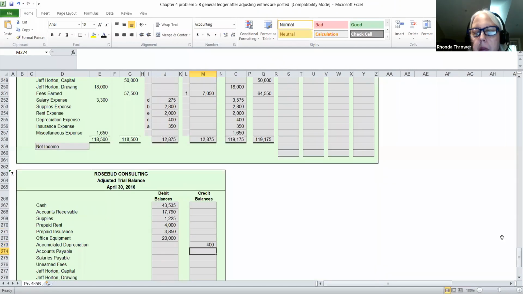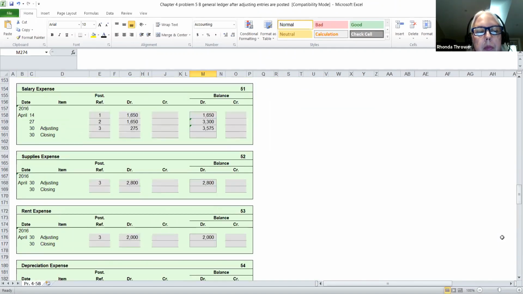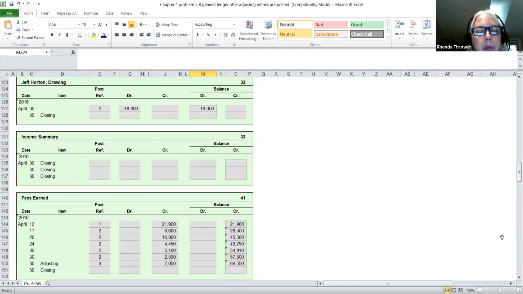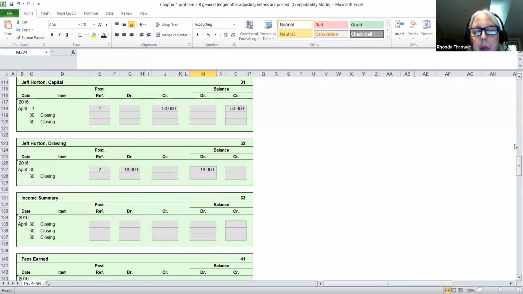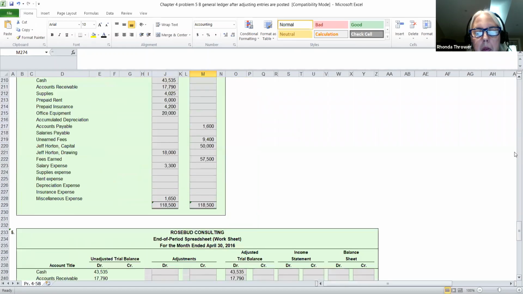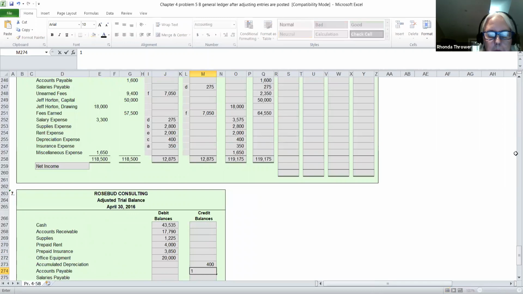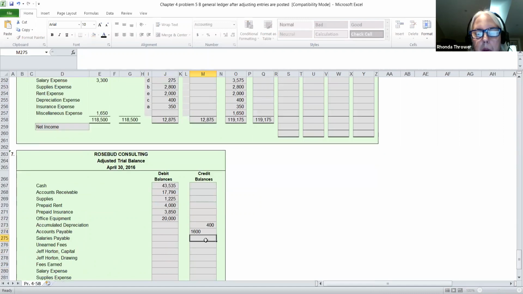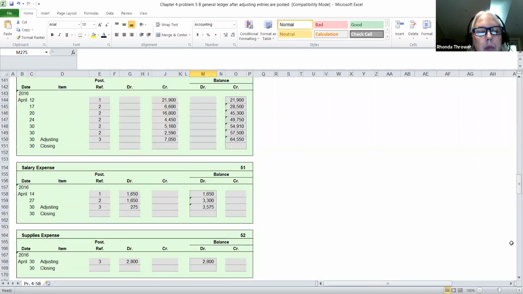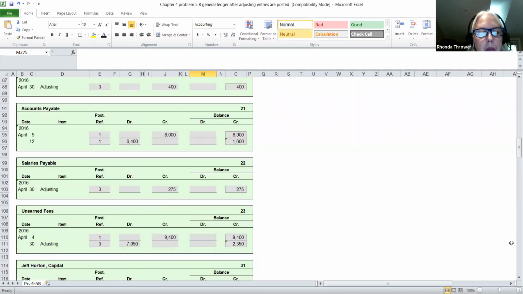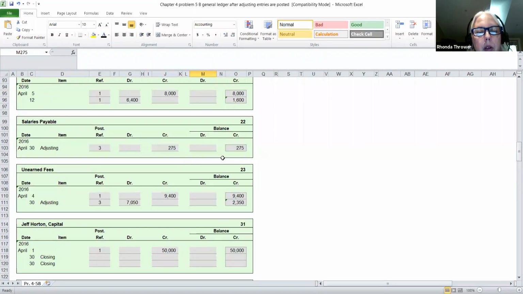My accounts payable balance is $1,600. My salaries payable would come next. Salaries payable is $275 as a credit balance.